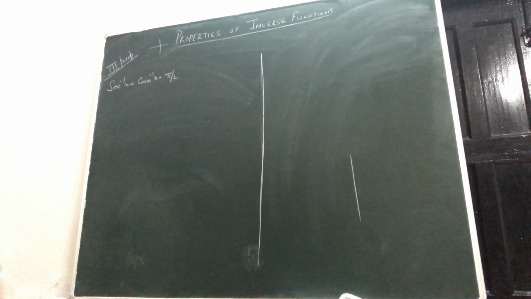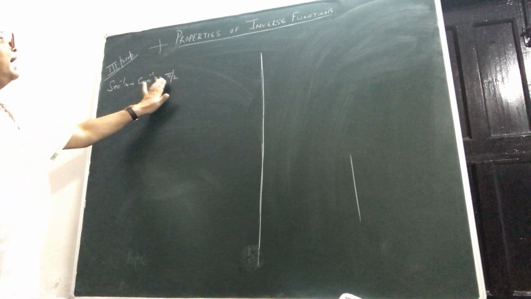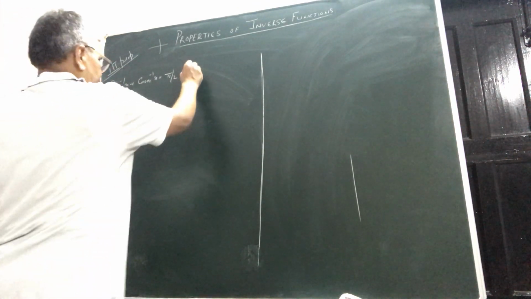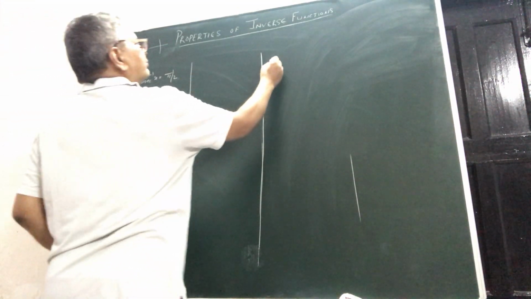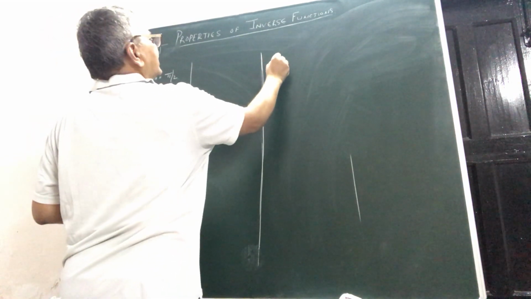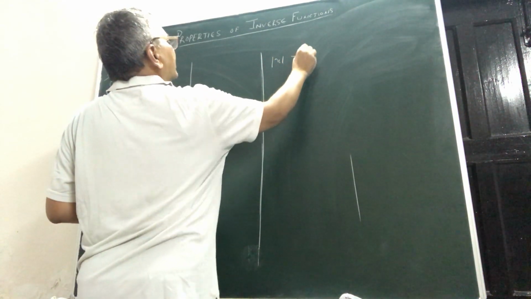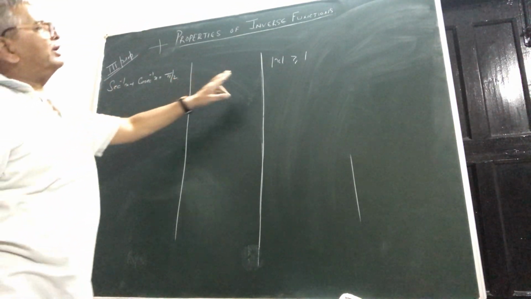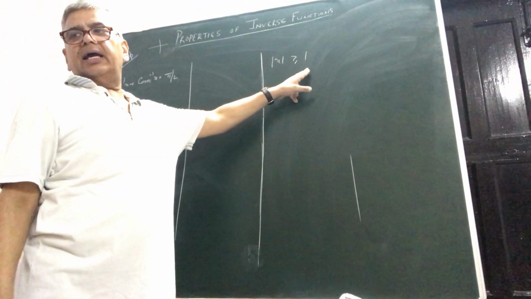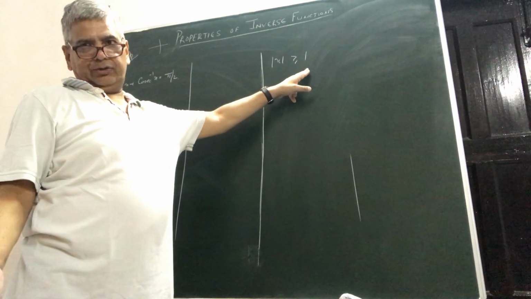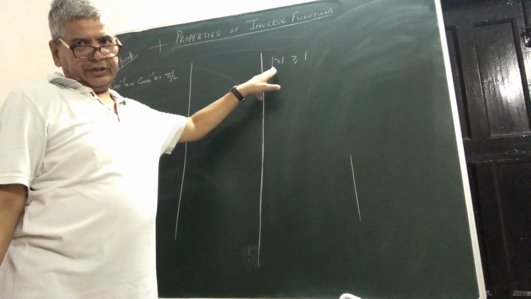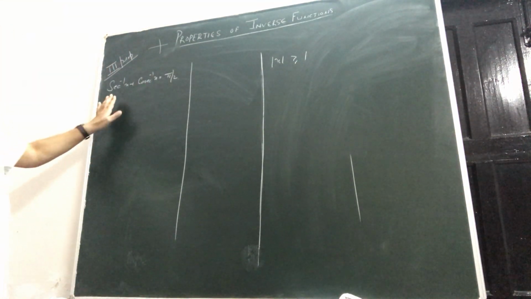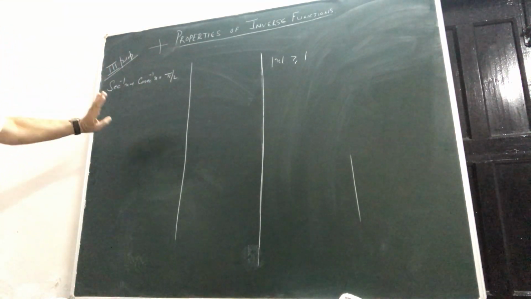Please see where x will lie. For both sec and cosec, mod x should be greater than or equal to 1. So x lies from 1 to infinity, or minus infinity to minus 1, in that union.